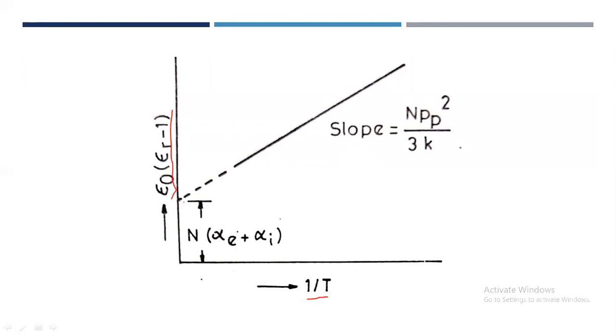Initially you can see the graph starts from a non-zero value, and this indicates the value of polarization which is not dependent on the temperature, that is always present, that is N into alpha E plus alpha I, meaning electronic polarization and ionic polarization. Additionally, this becomes a straight line, and the slope is nothing but N into P squared divided by 3k. We conclude that the polarization with respect to 1 upon T is a straight line.